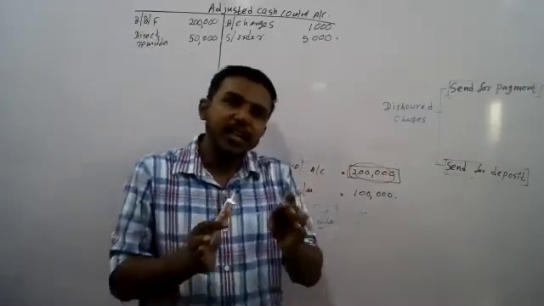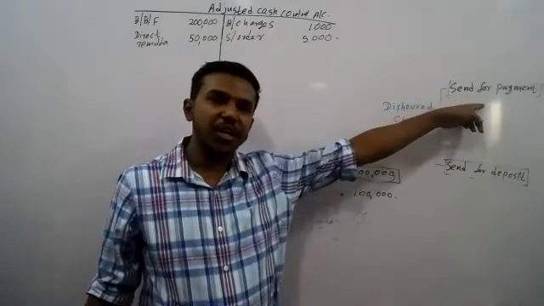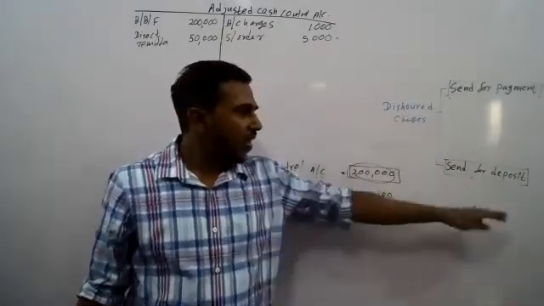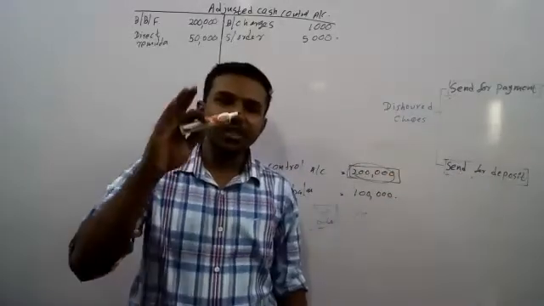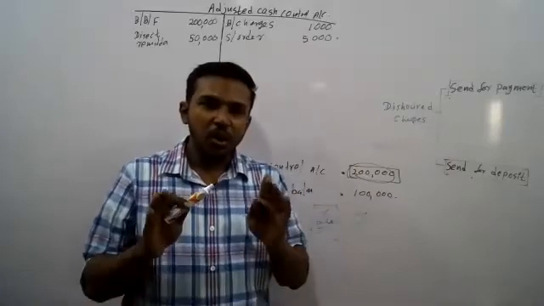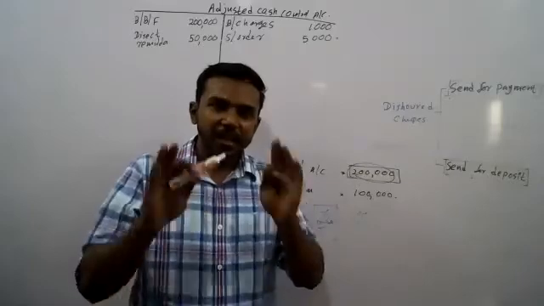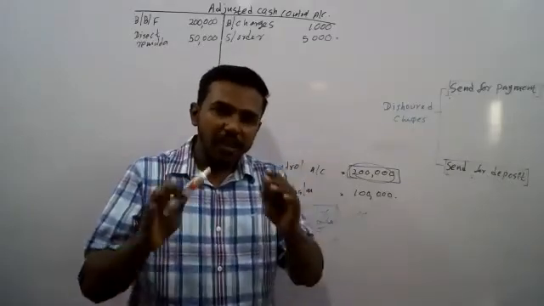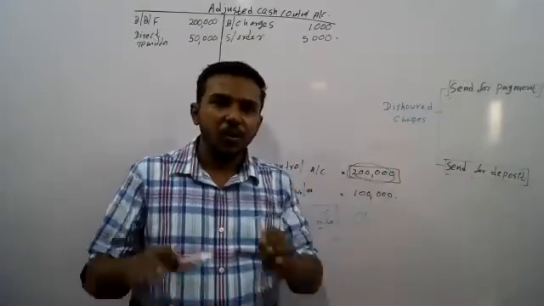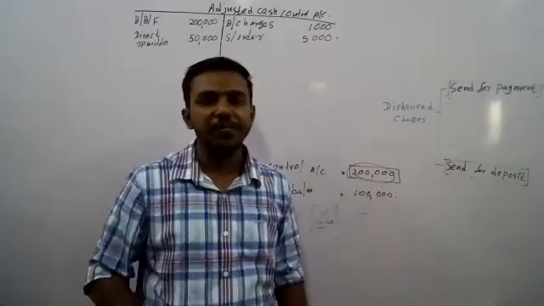If you send the electricity bill check, it is a check sent for payment, and it could be dishonored. Then you could send a check for deposit, and it could be dishonored. So the accounting treatment for dishonored checks depends on whether you sent the check for payment or for deposit.